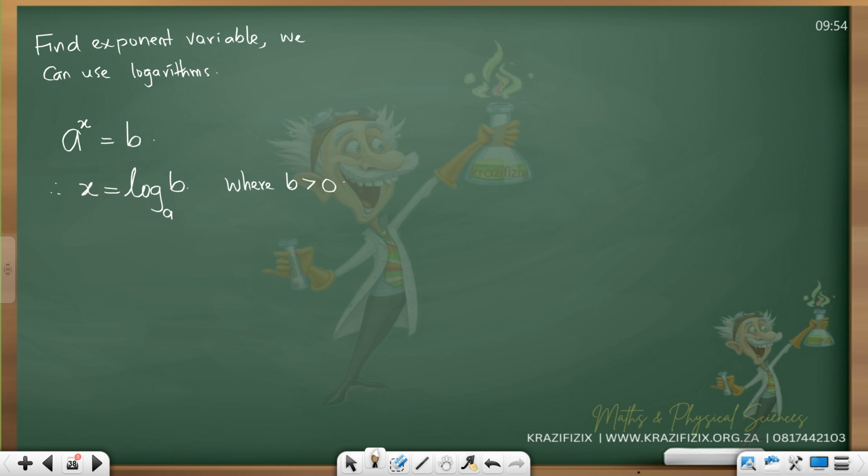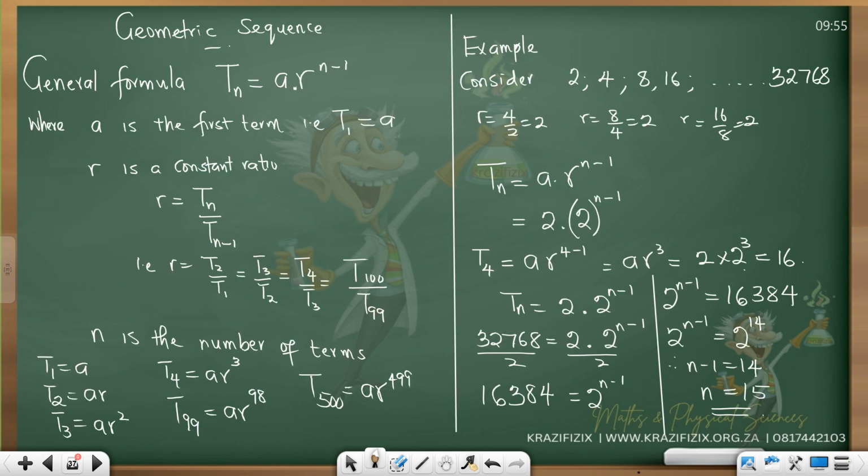Very crucial. So anytime I have to look for an exponent which is a variable, so if you check this, what was the number?